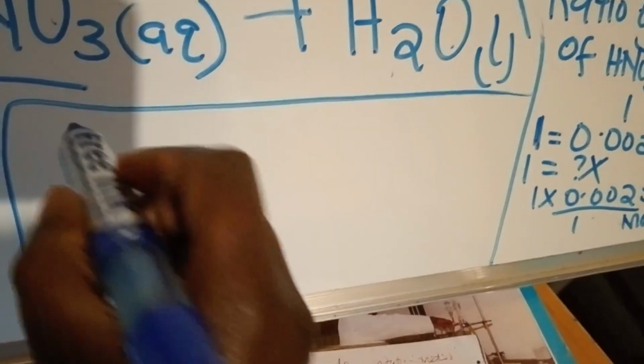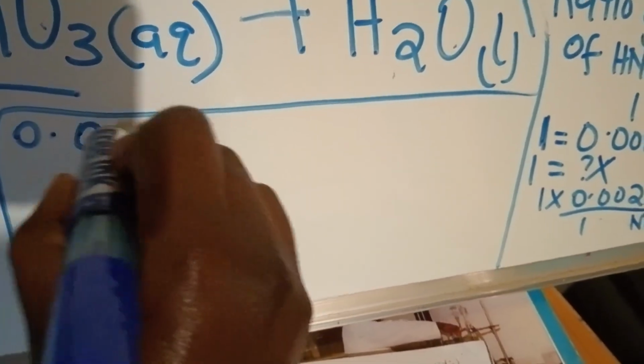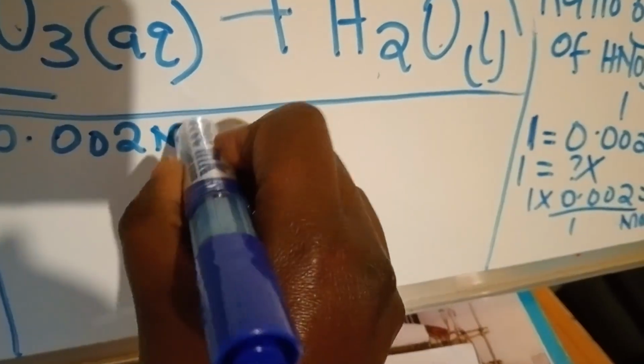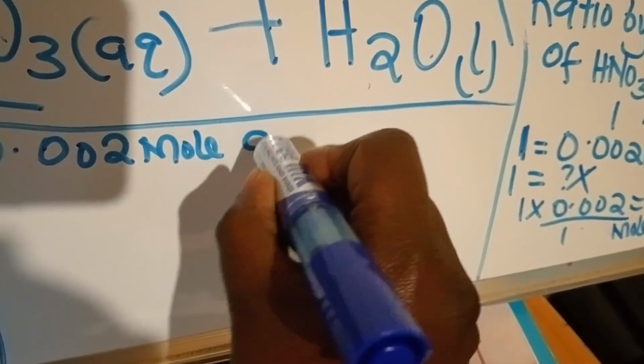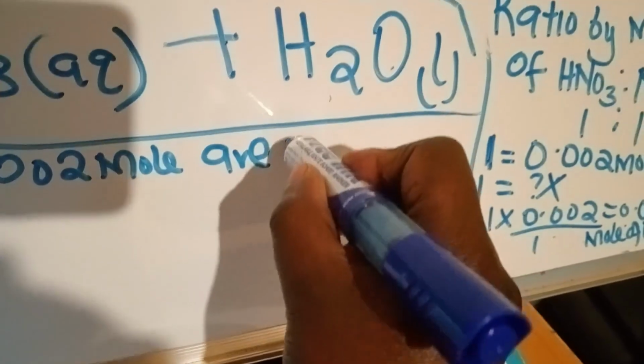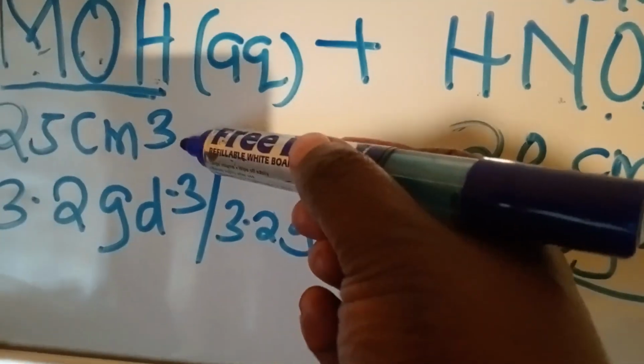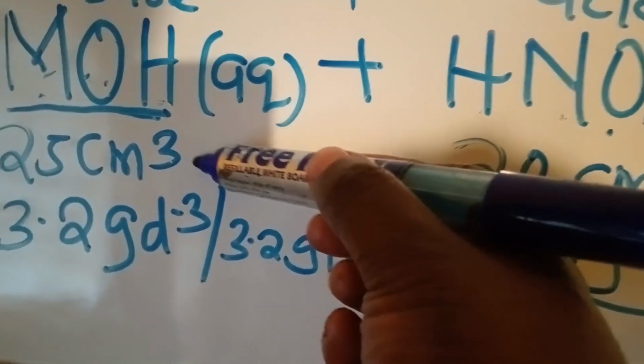So this 0.002 mole of MOH is in this volume, 25.